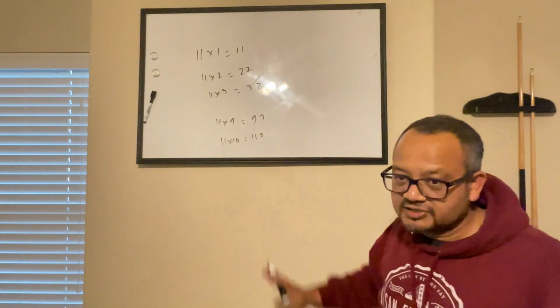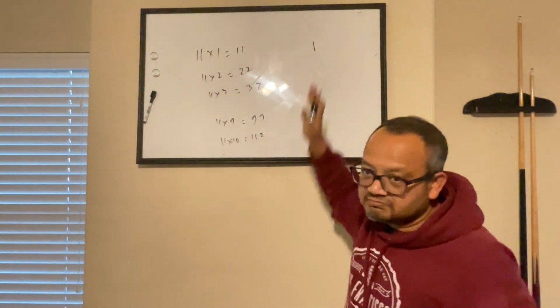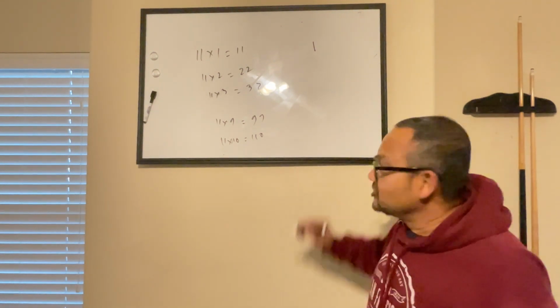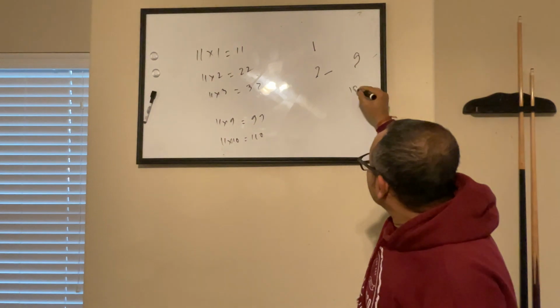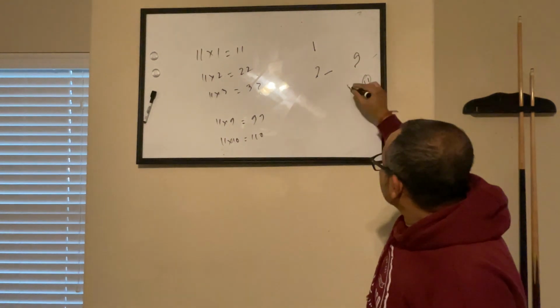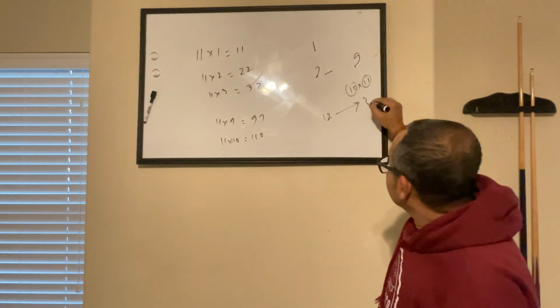You don't have to memorize the table of 1. So you start with 2, 2 to 9. 10 and 11 you don't have to because these are easy ones. Then you do from 12 till 20.